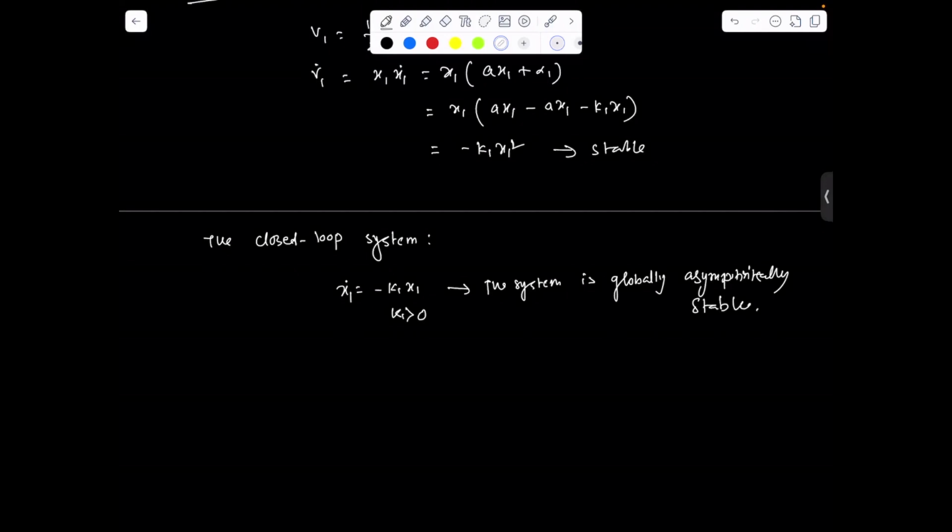As you did in the last lecture, the state x2 must be equal to the virtual control alpha 1.